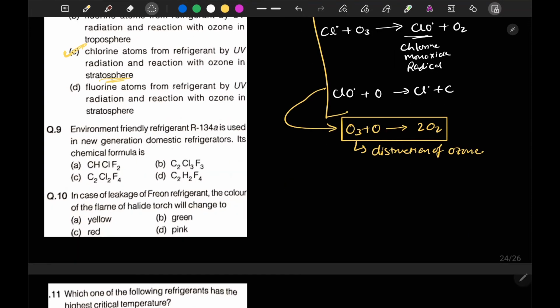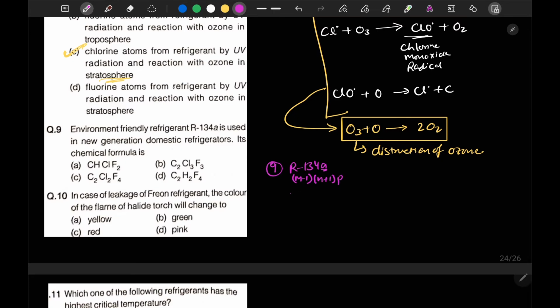Now this question number 9, it mentioned: what is the chemical formula for R134a? Okay, a represents an isomer. So we will see what this value should be. Is it in the format of m minus 1, n plus 1 and p.